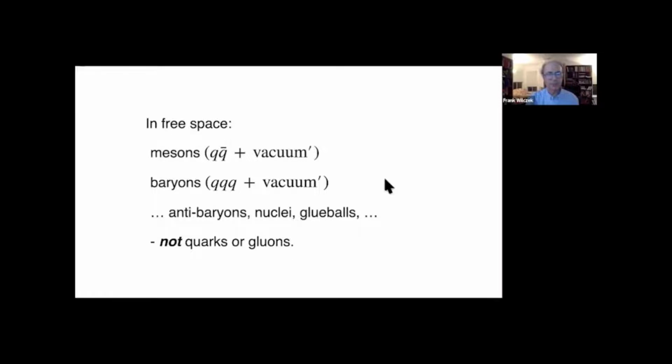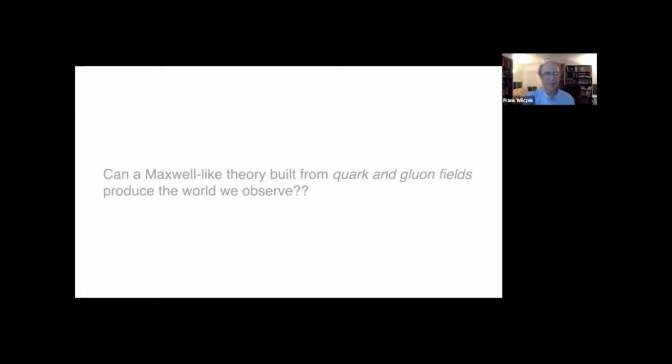So this was unprecedented in physics, and it became a question: can a Maxwell-like theory built from quarks and gluons, instead of electrons and photons, produce the world we observe?